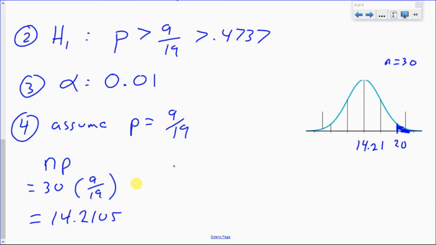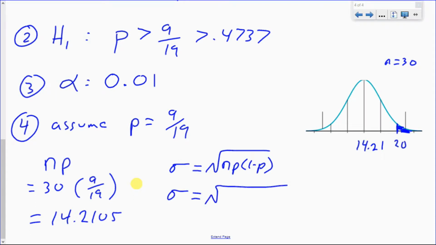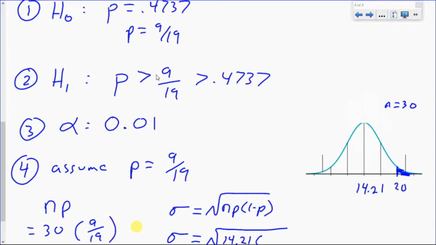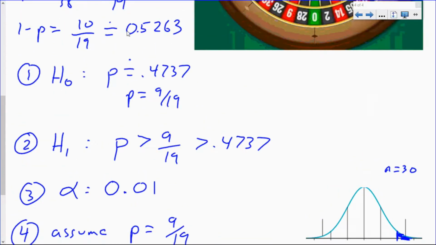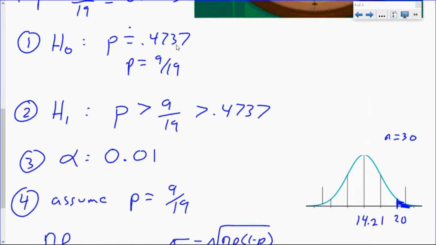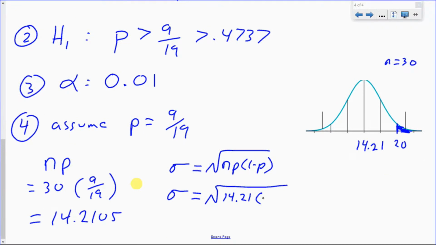So again, we look at the standard deviation, the square root of np times 1 minus p, or 14.21 times 1 minus p, which would be either 0.5263, or you could use 10 over 19.